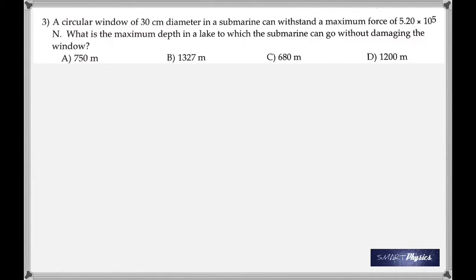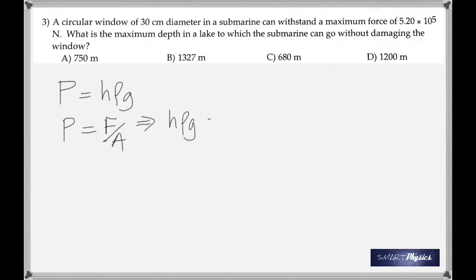A circular window of 30 centimeter diameter in a submarine can withstand a maximum force, and you have to find the maximum depth in a lake to which the submarine can go without damaging the window. Here pressure is H rho G and also given by force by area, so put them both equal to each other.